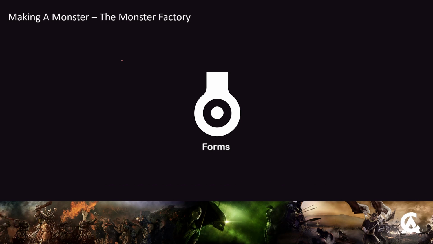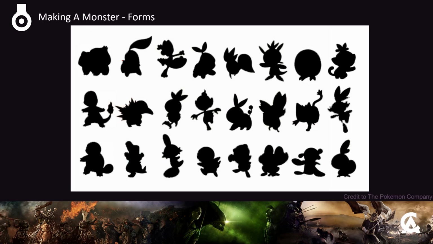Forms. We've talked about them already, but your primary form is your silhouette, and that's what the shape language section was about. I'm sure you could recognize any one of these characters based on this slide. So your primary form is your silhouette.